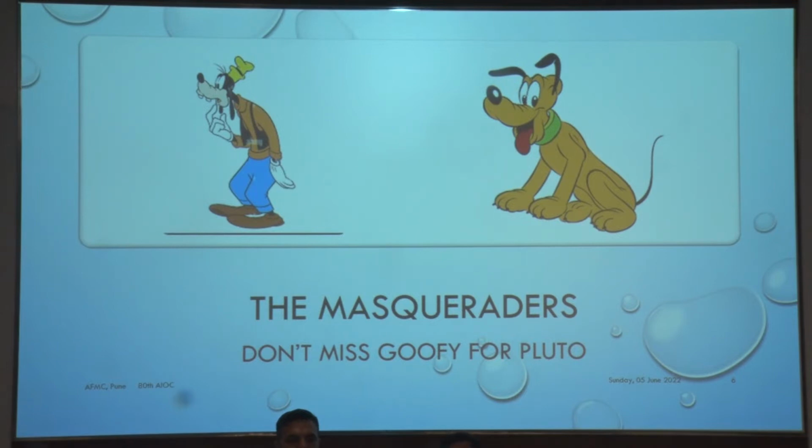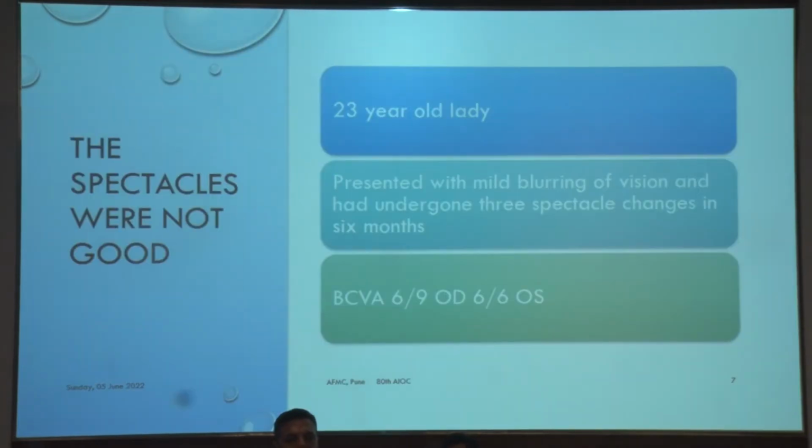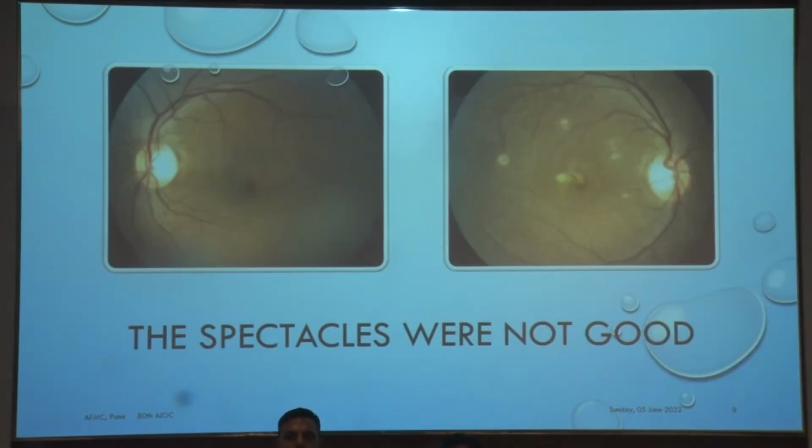Moving on, there is another spectrum of cases in which it may not be CSR, but it is being treated just as CSR because there is some subretinal fluid. In this case, we have a 23-year-old lady presenting again with subtle diminution of vision unilaterally, and since the vision was okay, she was just being corrected with minor correction in spectacles.